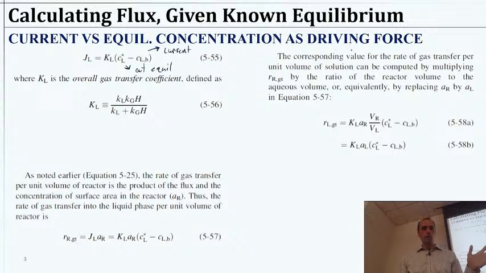So essentially converting from the surface area of, let's say, the bubbles in a given volume of my water to the surface area of bubbles in the total reactor. That's what we're doing. So we can easily convert to the rate of exchange in the entire reactor that way, is all it's saying.